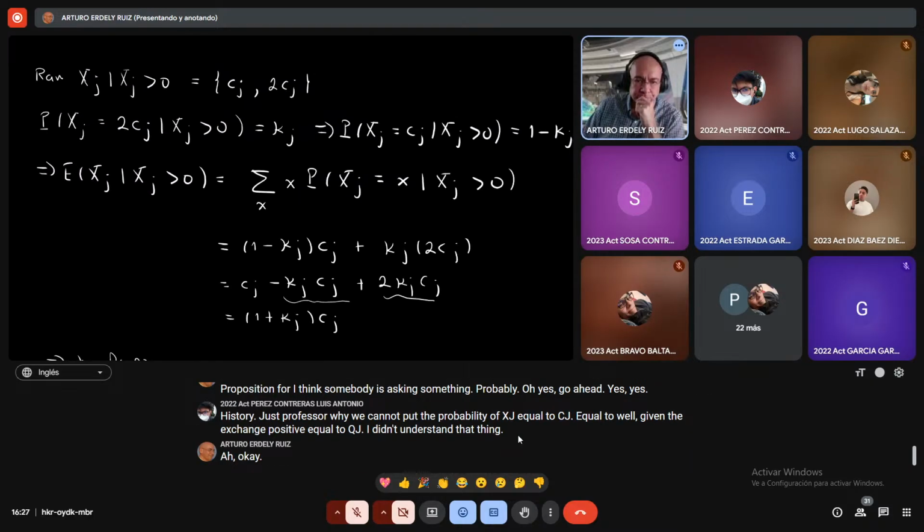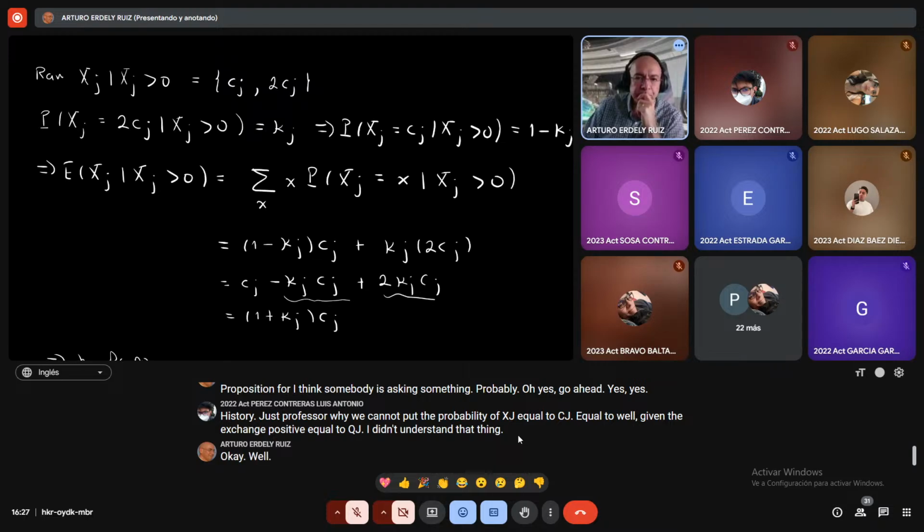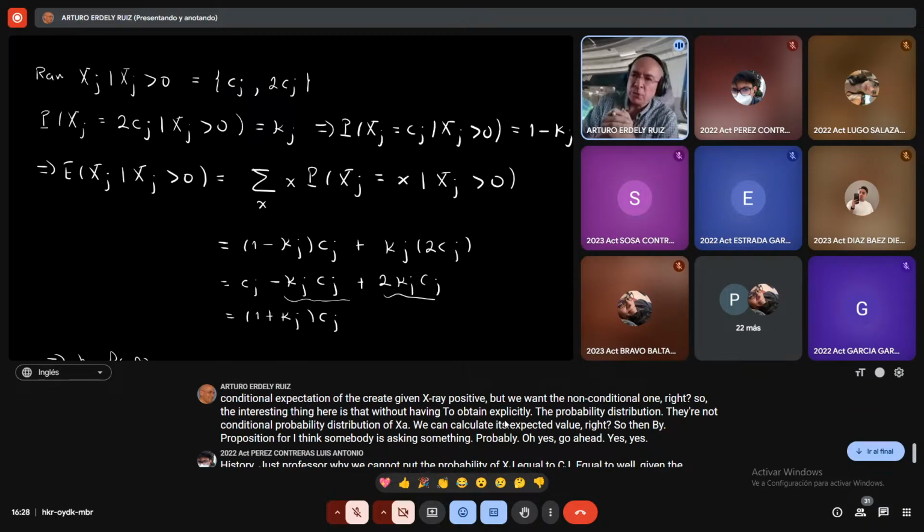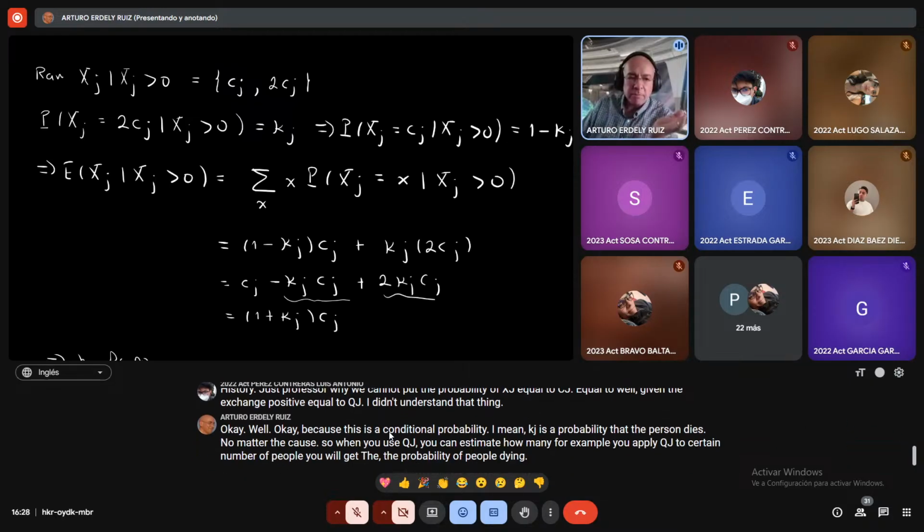Okay, well, because this is a conditional probability. I mean, qj is the probability that a person dies, no matter the cause. So if you apply qj to a certain number of people, you will get the probability of people dying, but without considering the cause of death.